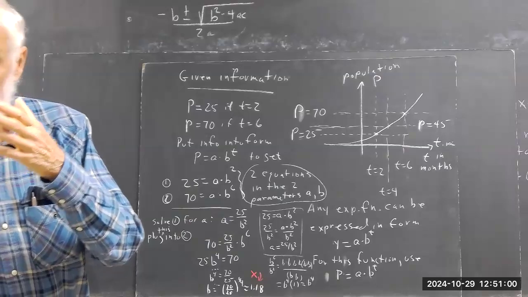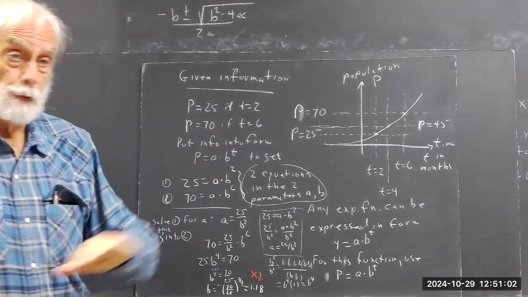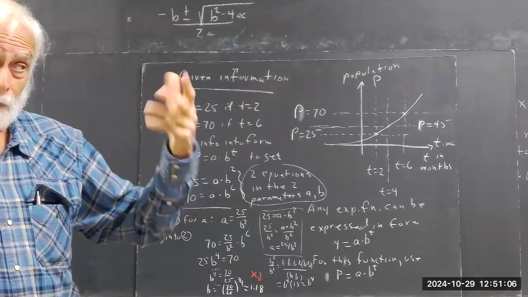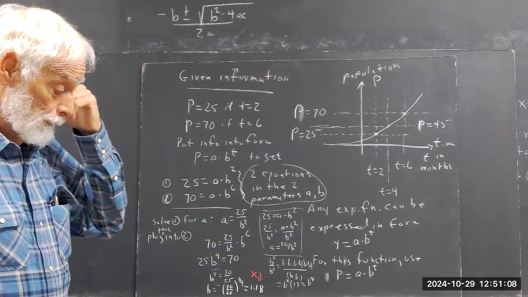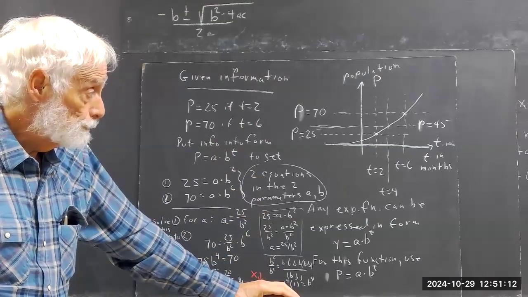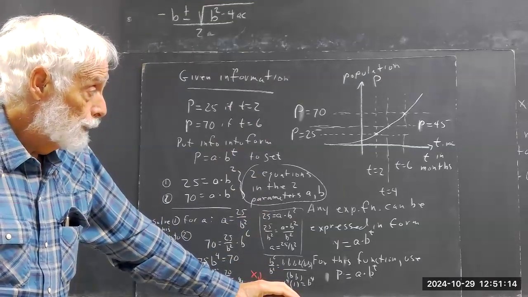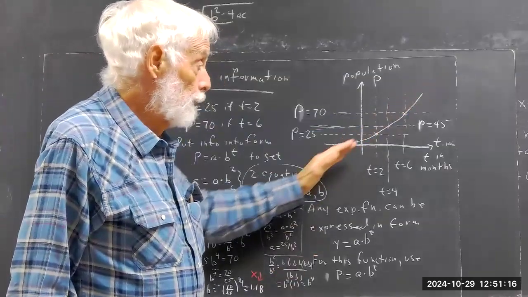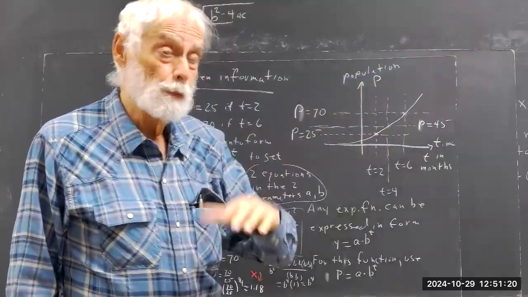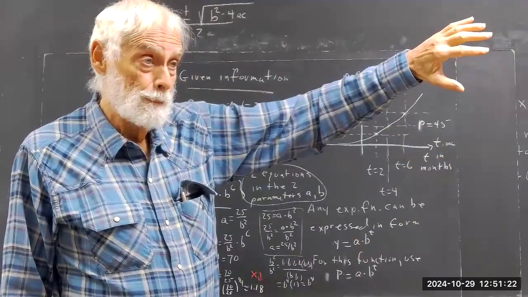Well, if you have 2 points on the graph, you can get a straight line through them. You should be able to, but not everybody does. We did that a couple of weeks ago. So you could get the equation of a straight line through this function. It wouldn't curve like an exponential function, and it wouldn't act like a population. Okay.